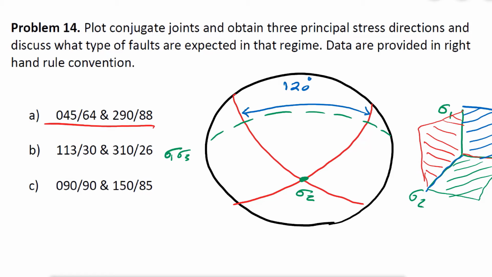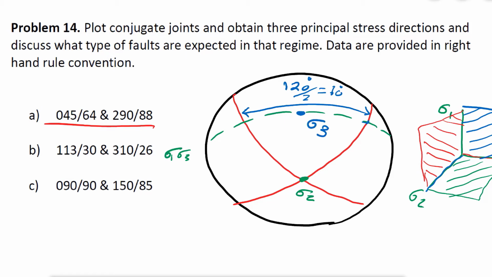Because this angle is larger than 90 degrees, it's an obtuse angle, and half of this is going to be 60 degrees. Then from here, or from the other end, you count 60 degrees and find the middle point. Because this is the obtuse angle, that's going to be sigma 3.